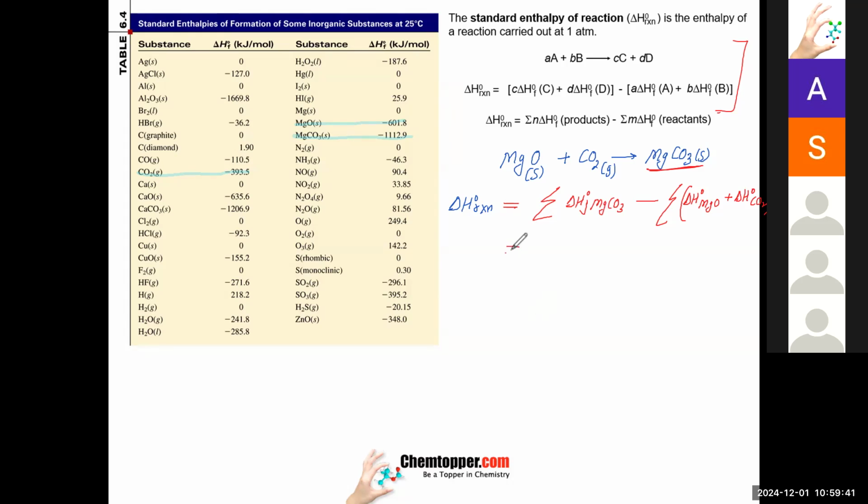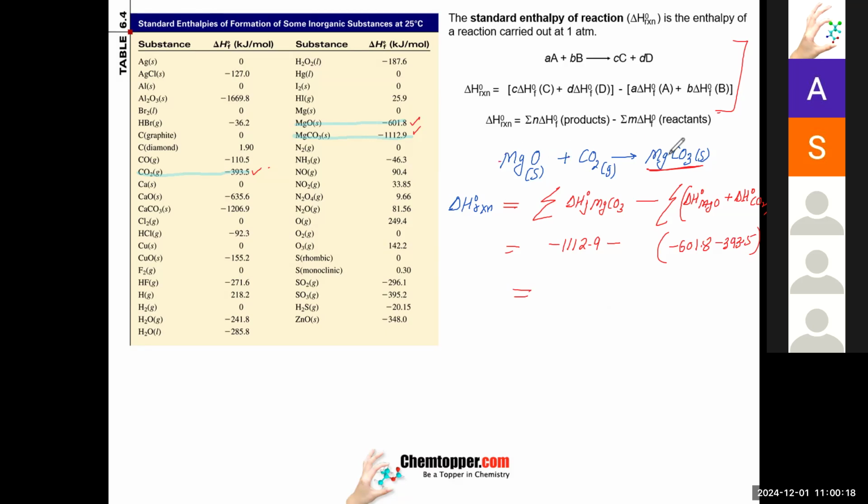Just plug in the values. Values will be given to you. So MgCO3 minus these two. MgO is minus 601. Take care of the sign of these delta H. CO2 is minus 393.5. Work out the answer, children.